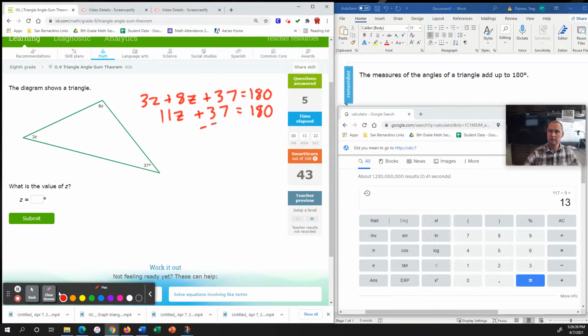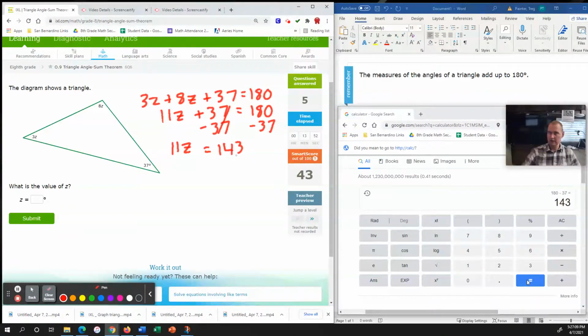All right, so what we're going to do is minus 37 from both sides, subtract 37. And 37s are out. We got 180 minus 37 equals 143. So I got 11z equals 143.